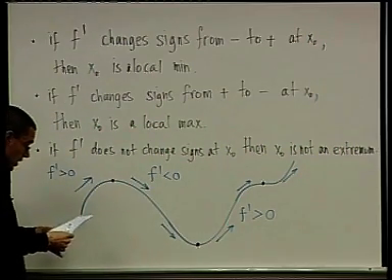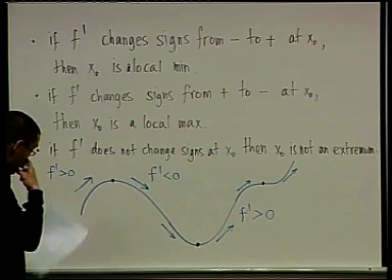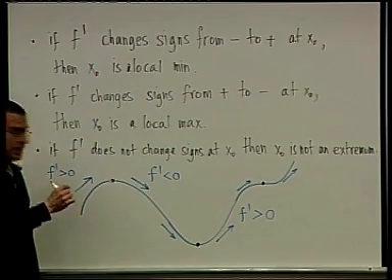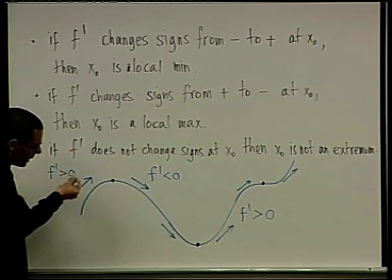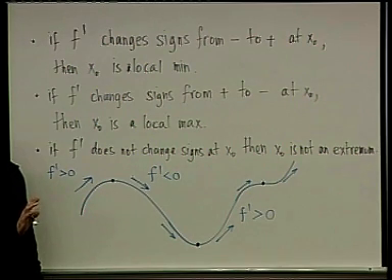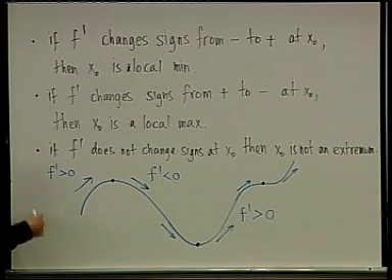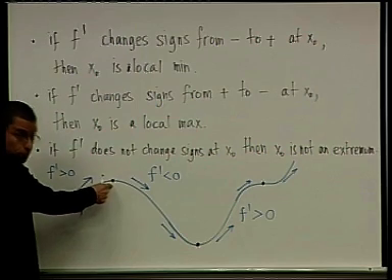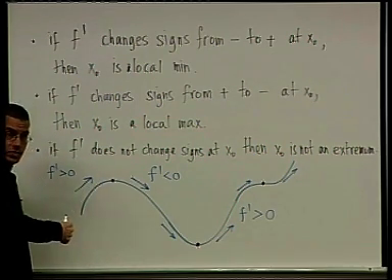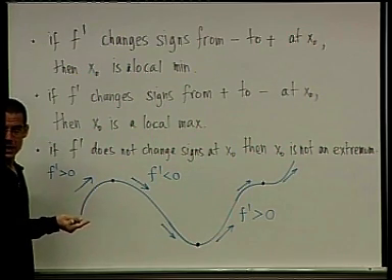Okay, f prime changes from plus to minus. So what the second derivative test is going to say, that you can kind of see that in terms of the second derivative. What I'm going to say now is just intuition. It's not accurate.